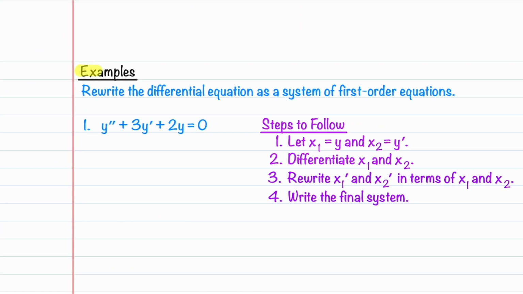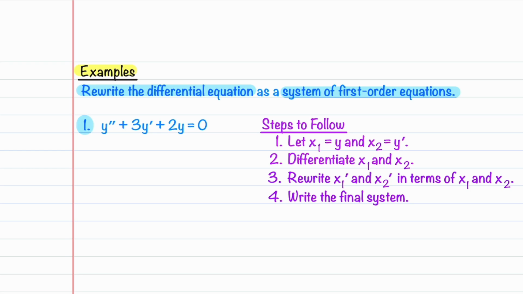We're going to walk through two examples where we'll rewrite a second-order differential equation as a system of two first-order equations. Our first example is the homogeneous equation y double prime plus 3y prime plus 2y is equal to 0.